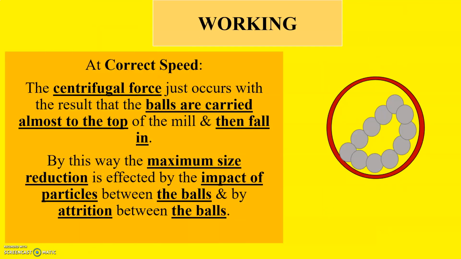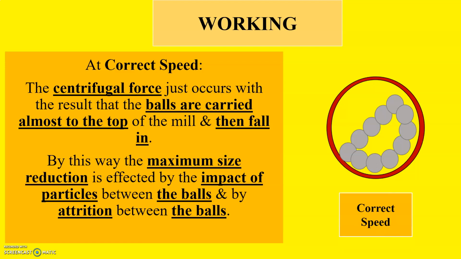And at correct speed, that is two-thirds speed, the centrifugal force just occurs with the result that the balls are carried almost to the top of the mill and then fall in. By this way, the maximum size reduction is effected by the impact of particles between the balls and by attrition between the balls.